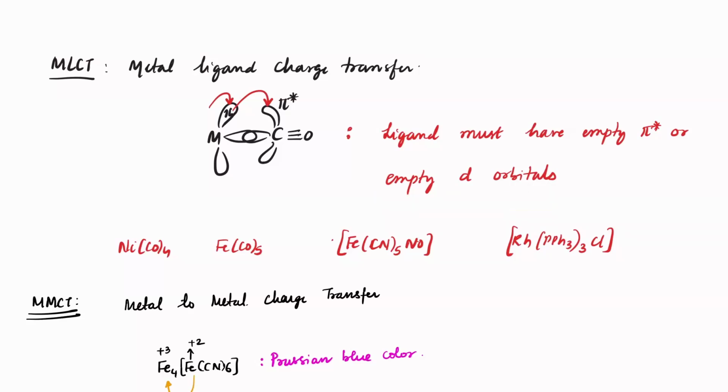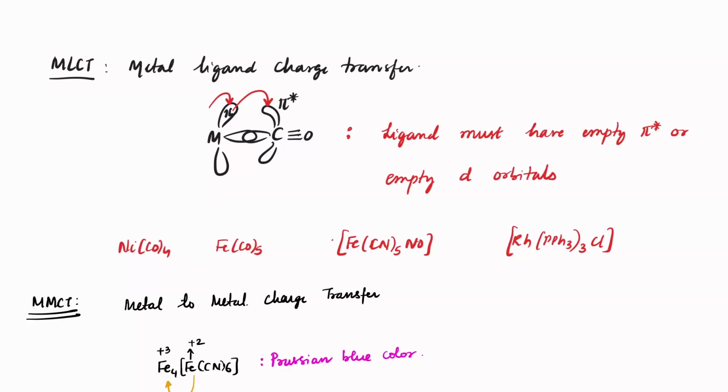If the ligand has that, then the electrons from metal can transfer. That's the reason why you notice Ni(CO)4, Fe(CO)5, Fe(CO)4(NO), rhodium triphenylphosphine chloride. In all of these cases, there is either a pi star orbital or an empty d orbital present on the ligand, and from the metal the electrons are being transferred, and that gives some intense colors. This kind of transition is called MLCT.